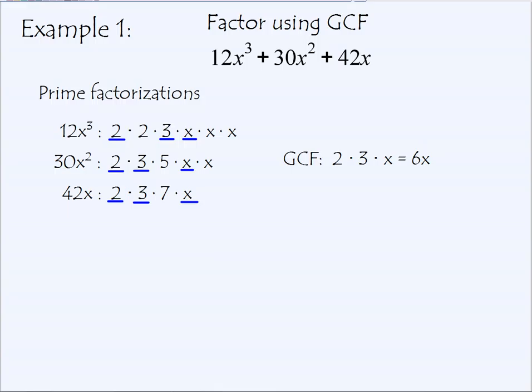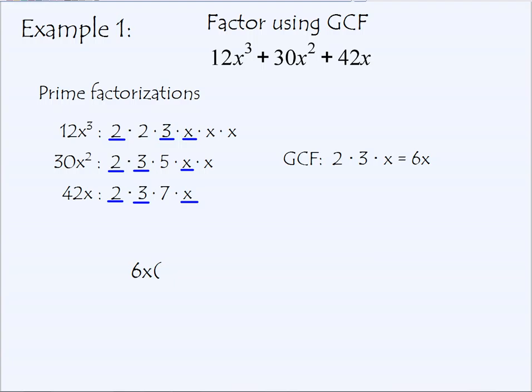My greatest common factor is 6x. That's going to be my factor that I'm going to pull out of all three terms. My greatest common factor is going to be written in the very front of my expression. And I'm going to take what's left over in all three terms and write it down in a set of parentheses.